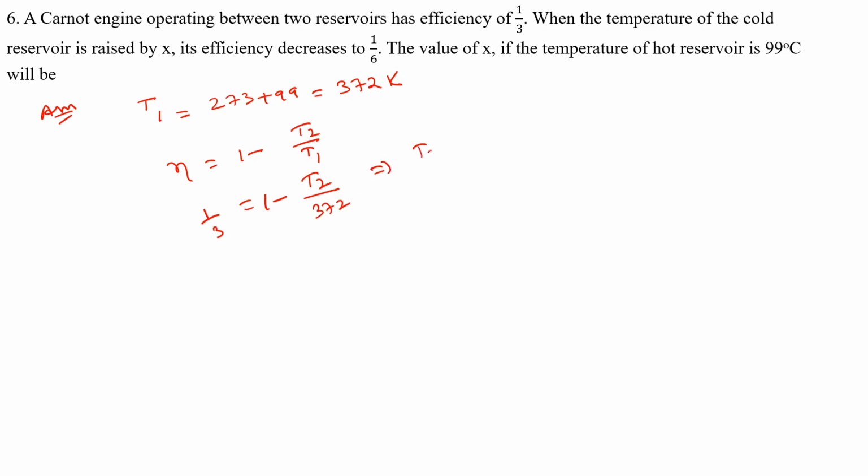So, we get T2 is 1 minus 1/3 times 372, so 2 times 372 by 3. So, we get 248 K.